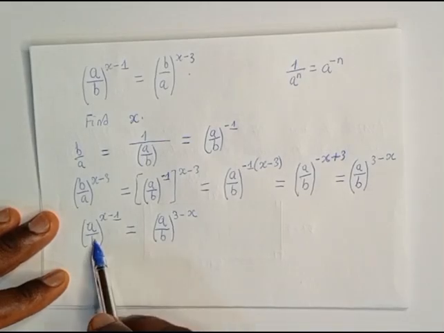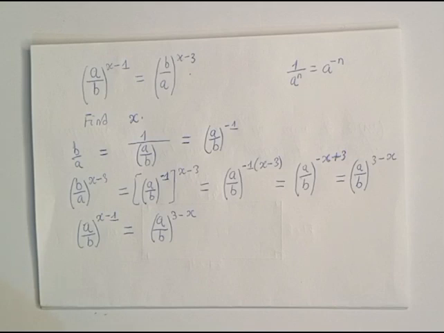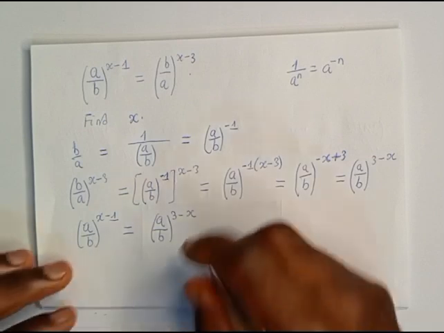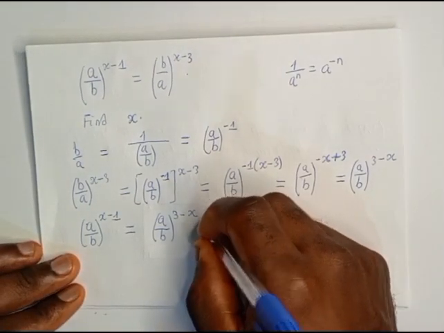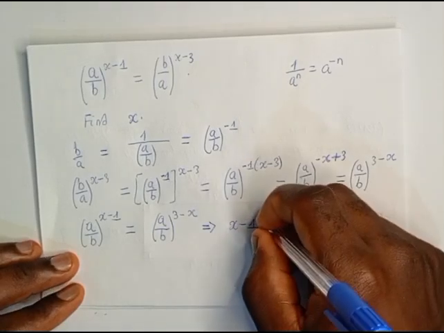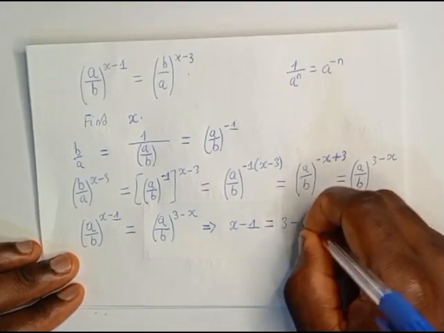You'll see the left hand side and the right hand side have the same base. Since they are equal, it simply means their powers must be equal too. Then x minus 1 will be equal to 3 minus x.